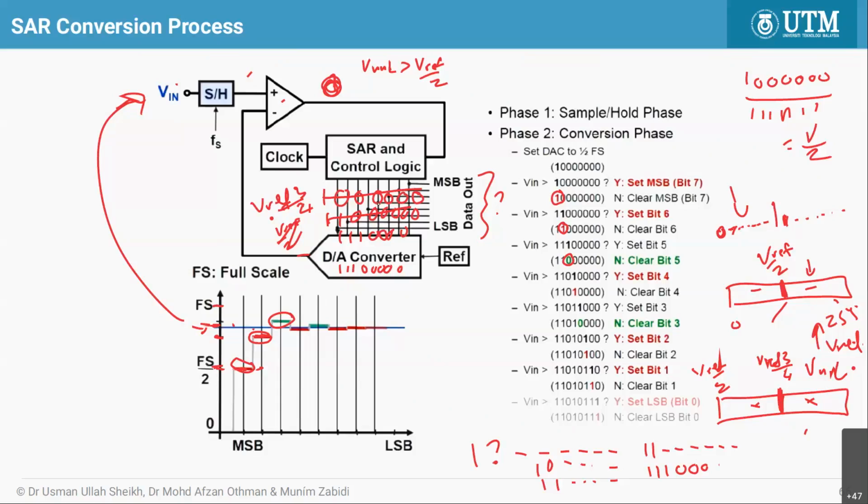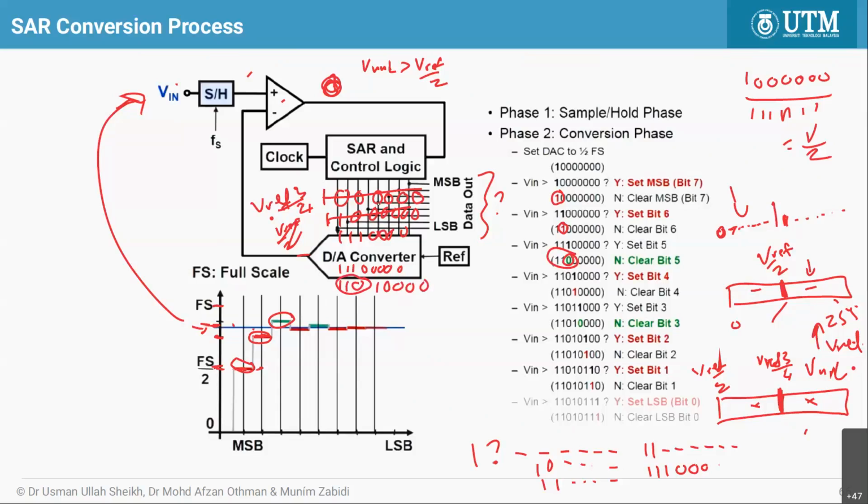Okay, so we finish with 3 bits. The next one, I will test against 1, 1, 0. The 3 bits are already confirmed, but for the 4th bit, the controller will give 1, 1, 0, 1, 0, 0, and compare again.